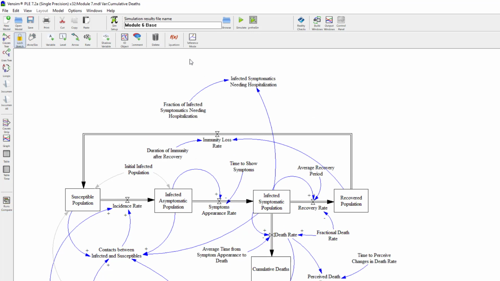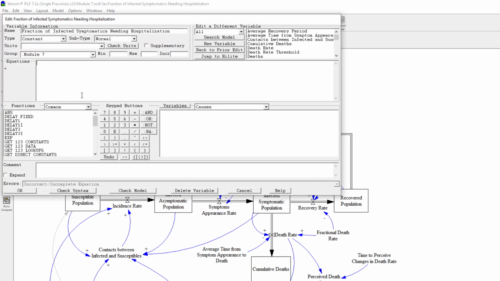For the equation, the fraction of infected symptomatic needing hospitalization, let's just set it to 0.2. So basically we are assuming about 20% of the infected symptomatic population will require hospitalization. Because this is a fraction, we're just going to set the unit as dimensionless.